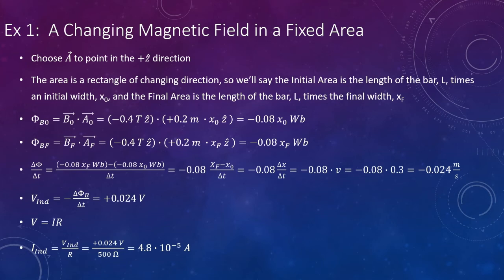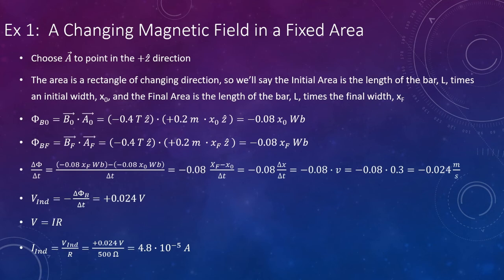Well, that's the same thing as saying our change in position over change in time. Well, a change in position over change in time is just a velocity. So it ends up being that the change in flux over time is the magnetic field times the length of the bar times the velocity.